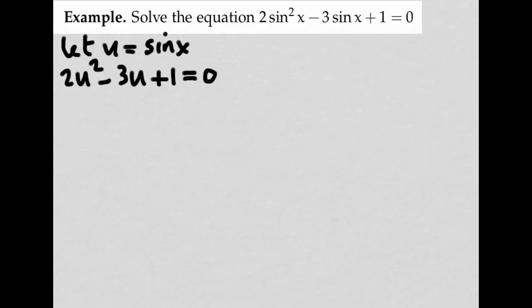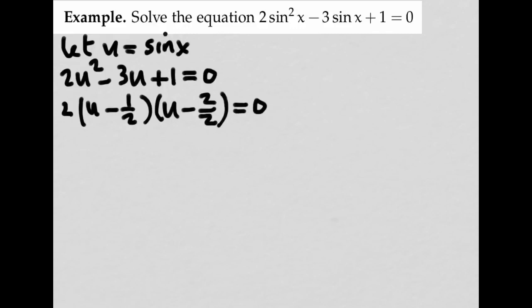This means our quadratic expression on the left factors as (2u minus 1) over 2 times (2u minus 2) over 2 equals 0. Let's simplify. (2u minus 1) times (u minus 1) over 2 equals 0.